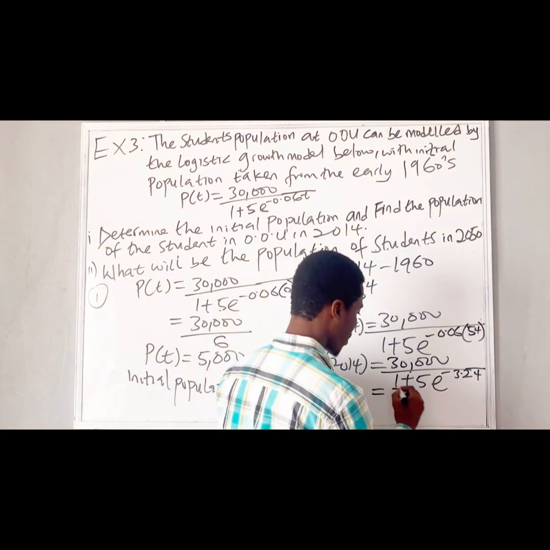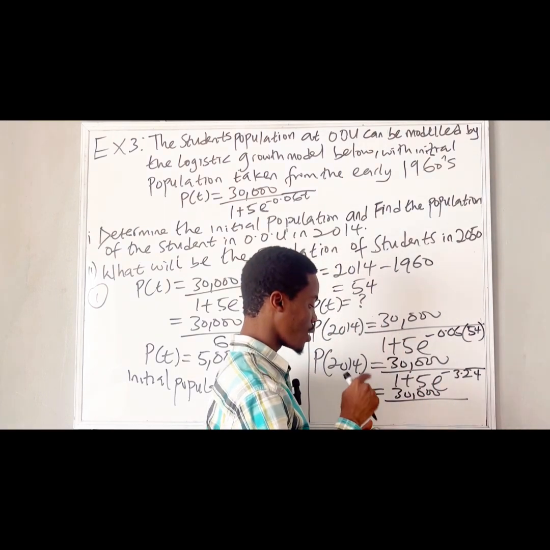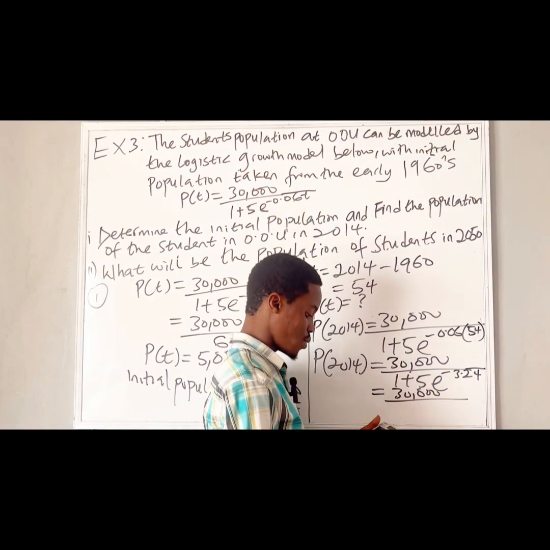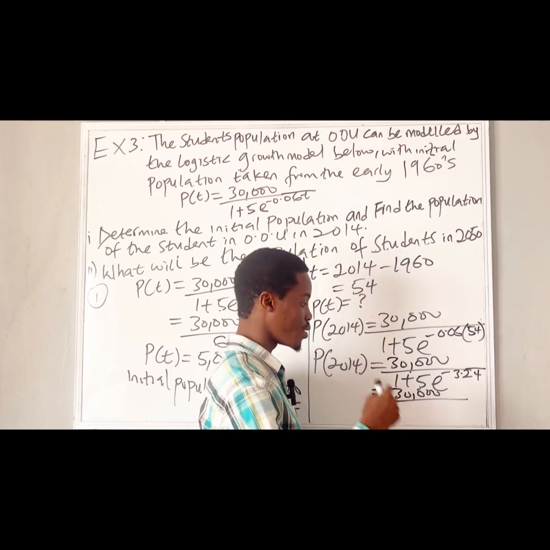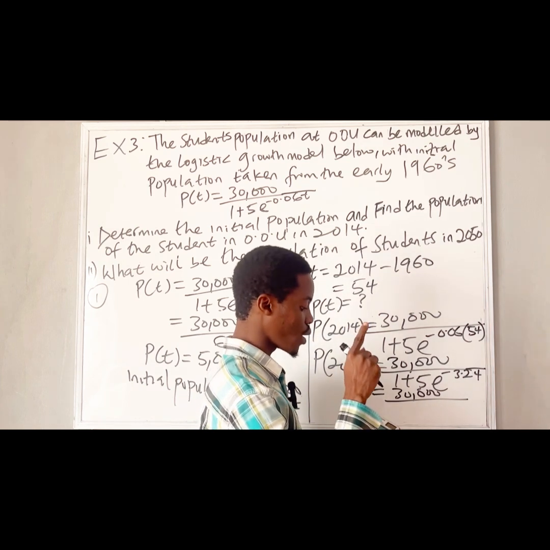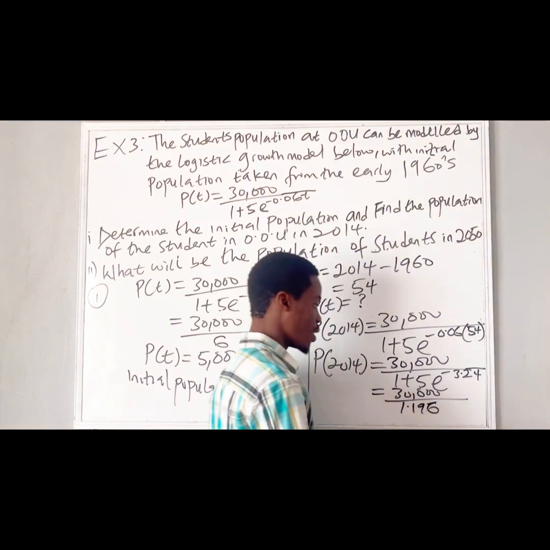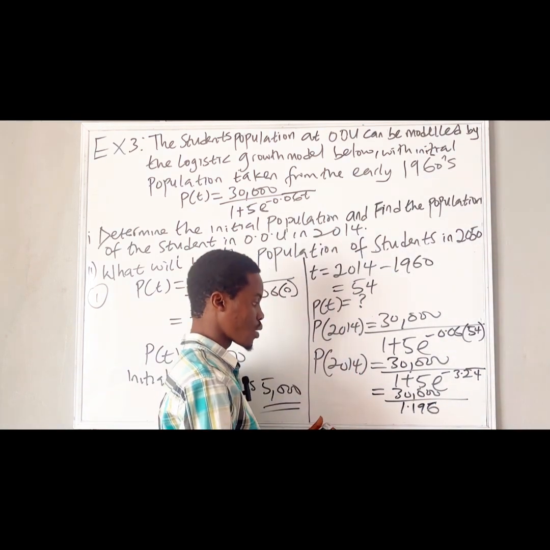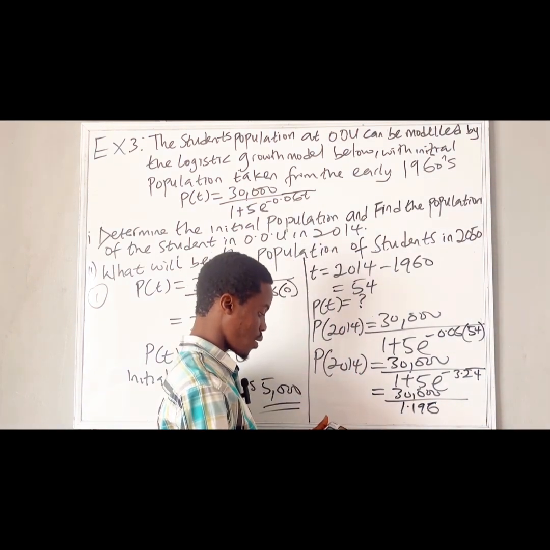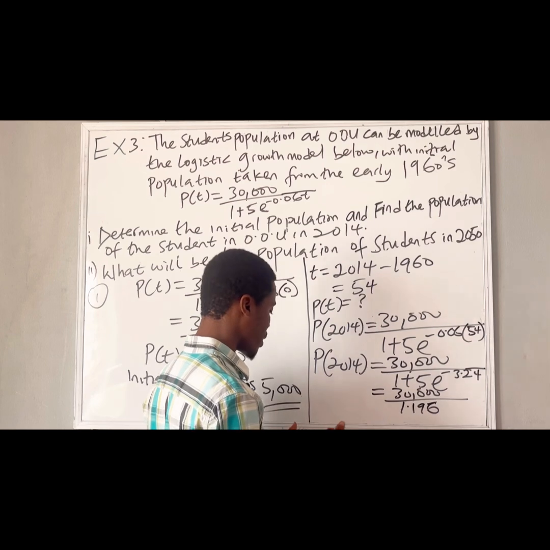So we now have 30,000 all over 0.0392 times 5. We are going to have 0.1958 plus 1. We are going to have 1.1958. So now 1.196. If we divide 30,000 by 1.196, we are going to have 25083.6.